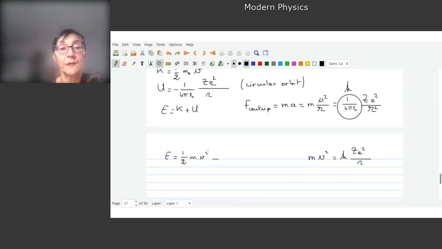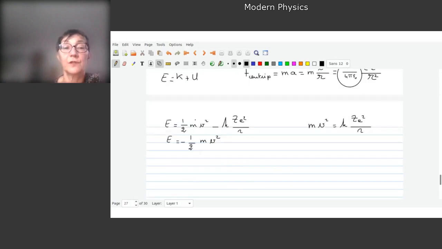So for this mv square, we will have here also minus k Z e square over R, this is mv square, so this is minus 1/2 of mv square.